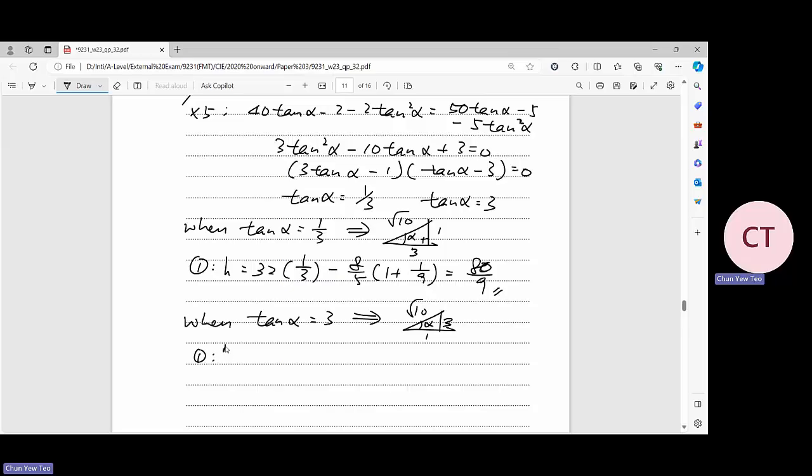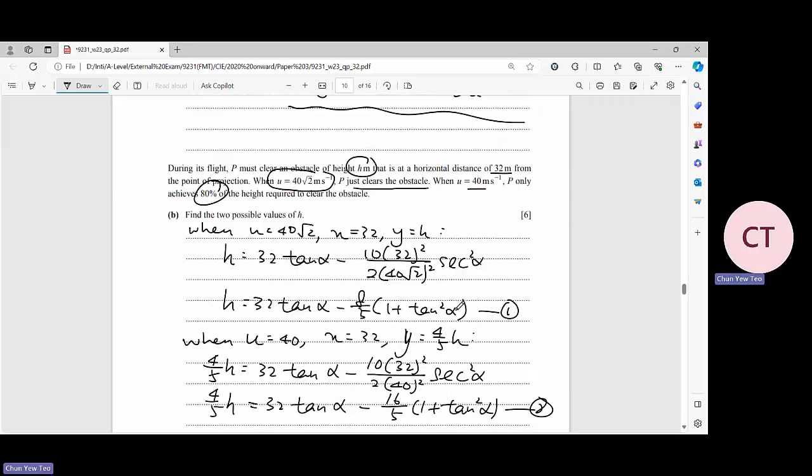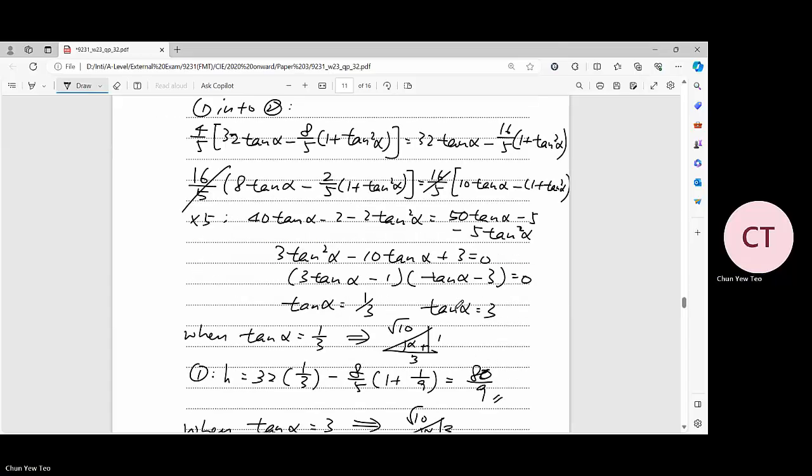Then from the first equation, my H will be 3 over 2 times 3 minus 18 over 5 minus the 8 over 5 of 1 plus 9. So you have 80. Done. These are the two possible values of the height. Okay, that is the answer for part B.